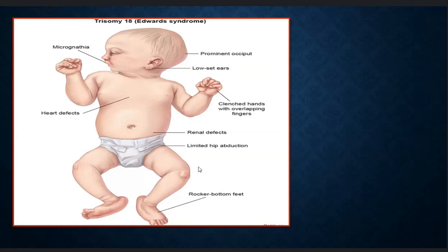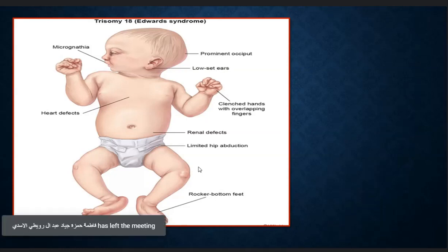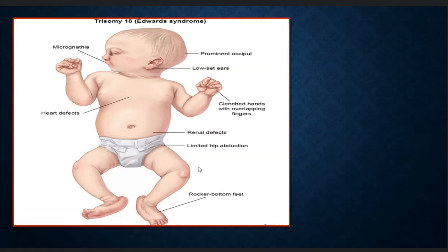Why do they reach the end of gestation but may be born as dead babies? Because of the severity of congenital heart disease, or if they develop apnea, there is no response to resuscitation. And you remember we said if we find trisomy 18 or trisomy 13 confirmed by prenatal diagnosis, there is no need to start resuscitation with them.